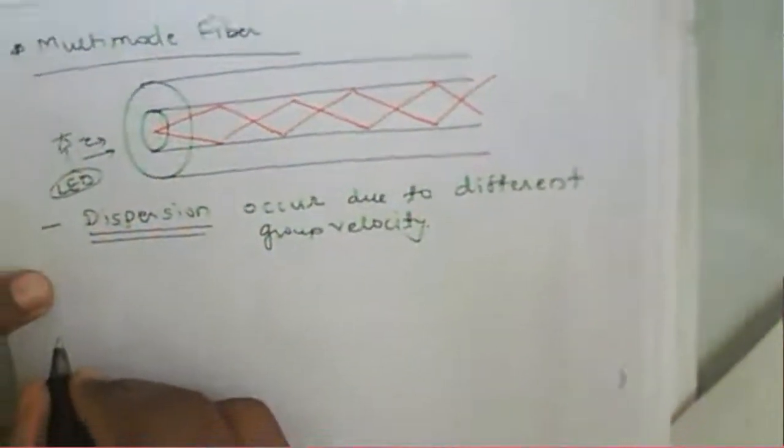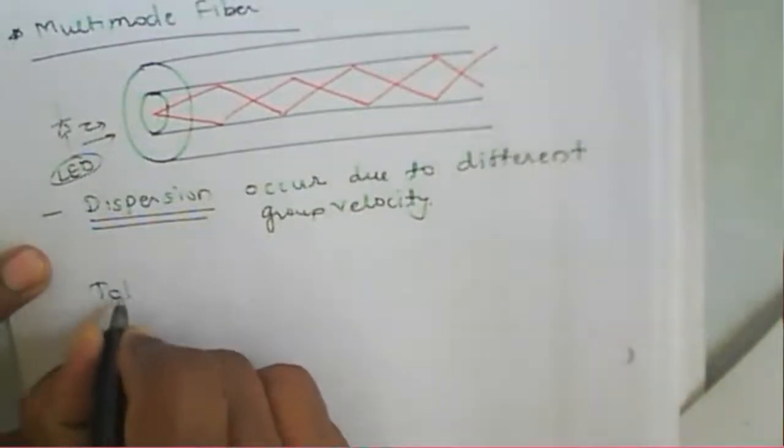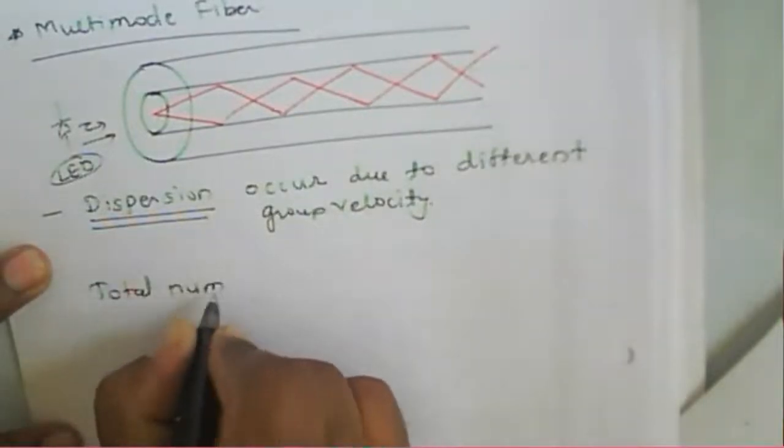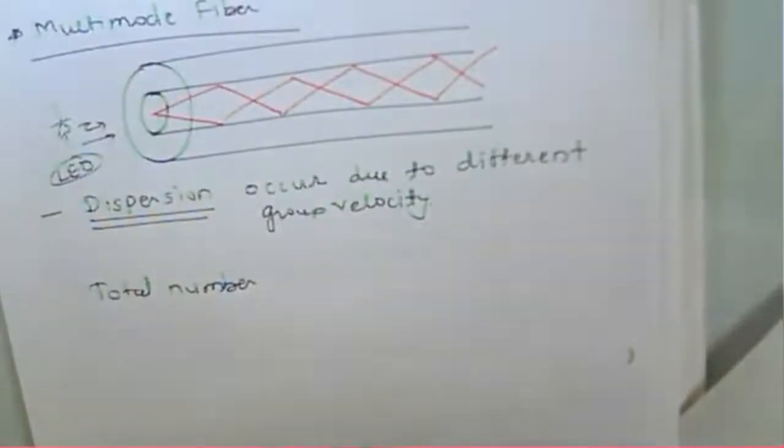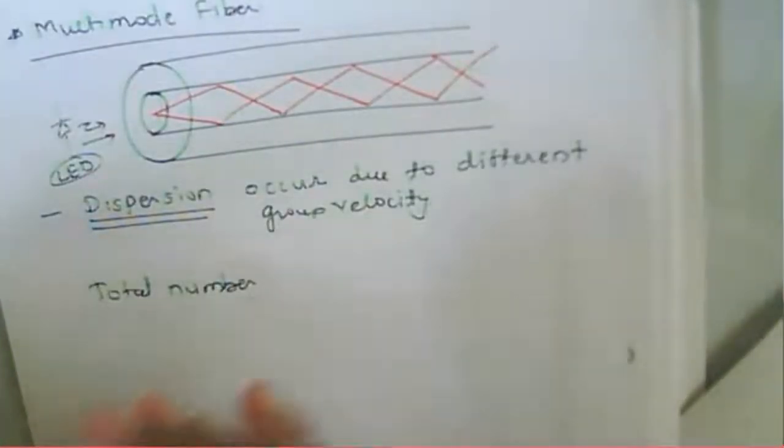So we can find the total number of modes, or total number of guided modes.